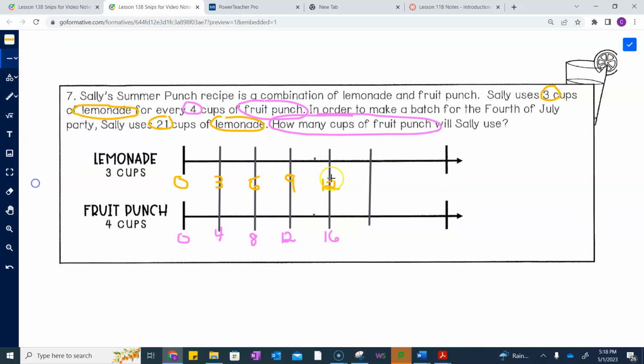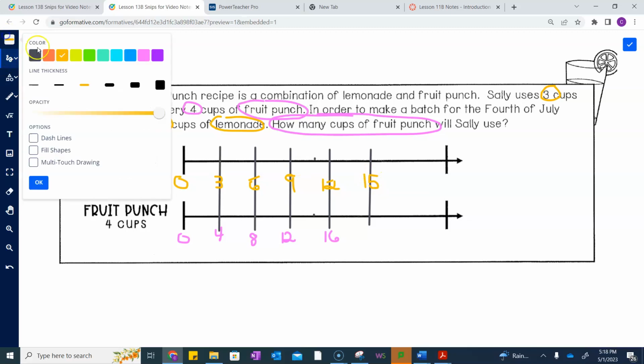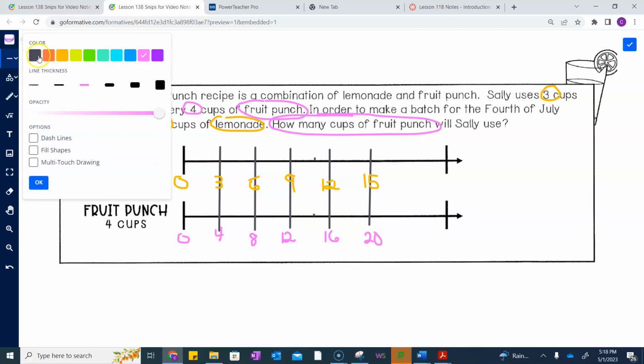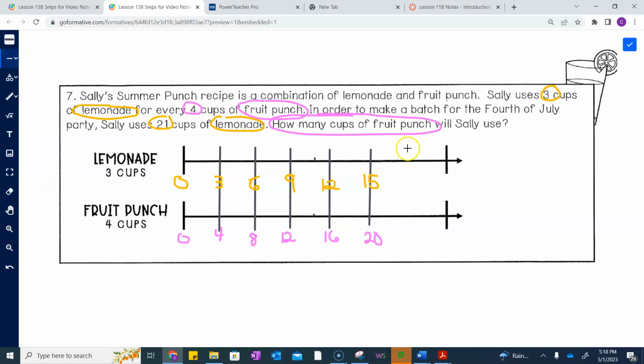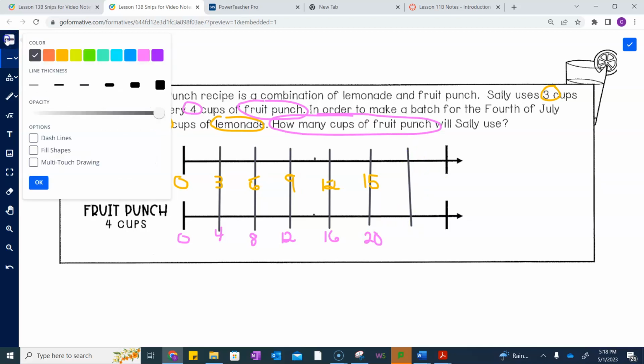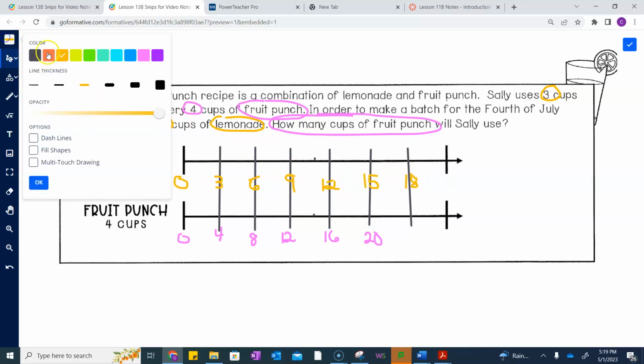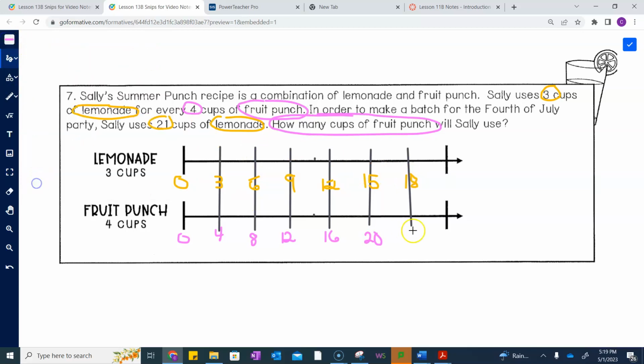If it's 3 to 4, it becomes 15 to 20. And then if I'm trying to make 6 batches, I'm now at 18 cups of lemonade to 24 cups of fruit punch.